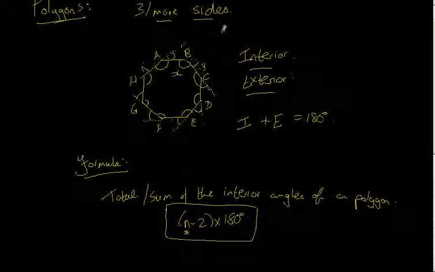So if we have an 8-sided polygon here, the sum of the interior angles will be equal to 8 minus 2, which is 6, times 180 degrees, which is 1080 degrees. So the total sum of the interior angles of an 8-sided shape is 1080 degrees.